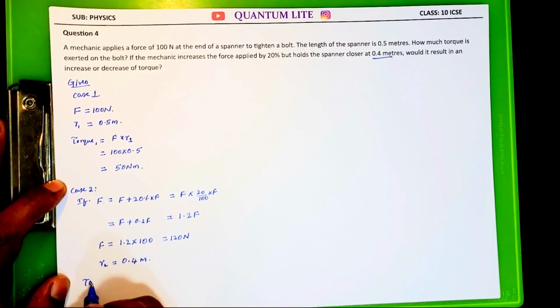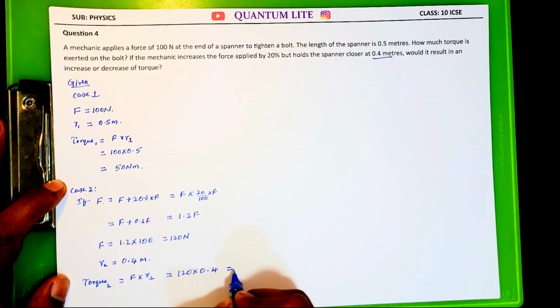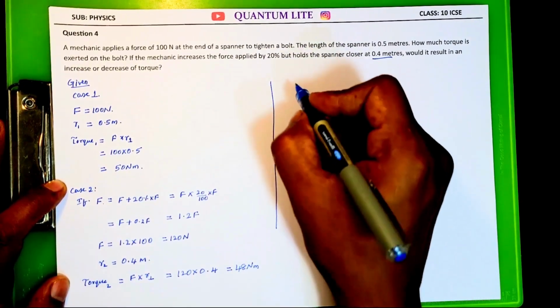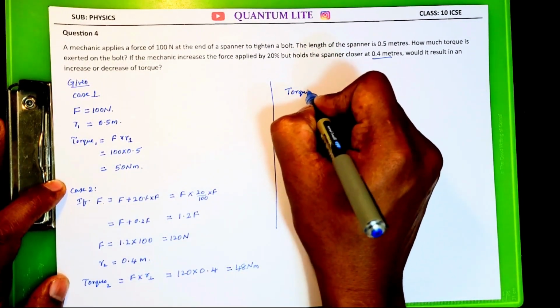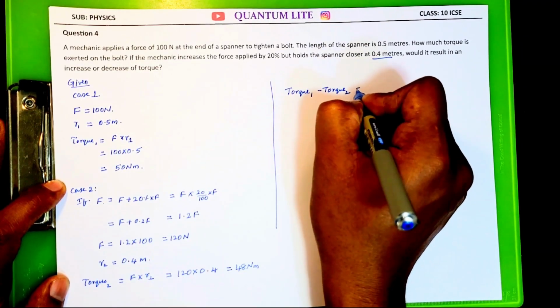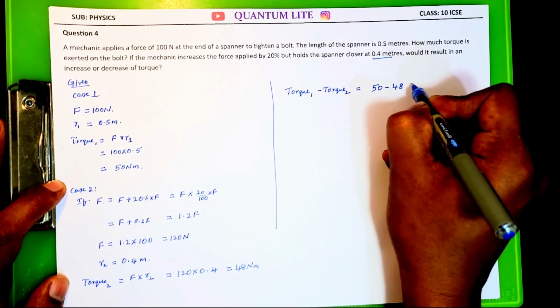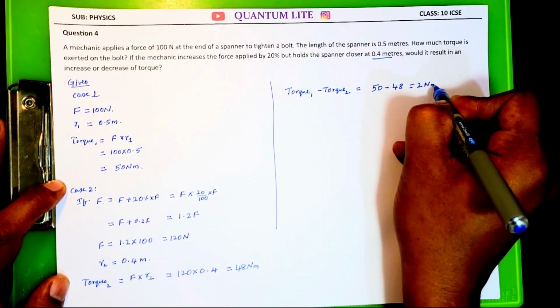Next, torque 2 is equals to force into perpendicular distance, that is equals to 120 into 0.4, that is equals to 48 Newton meter. Now, torque 1 minus torque 2 is equals to 50 minus 48, which is equals to 2 Newton meter.